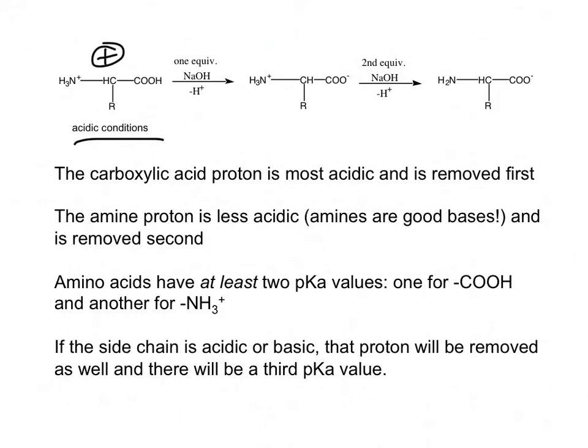As we add one equivalent of base, just one equivalent, we yank off the carboxylic acid. This is the Zwitter ion. And then the second one, this thing has a net negative charge when we yank off the proton off the amine.